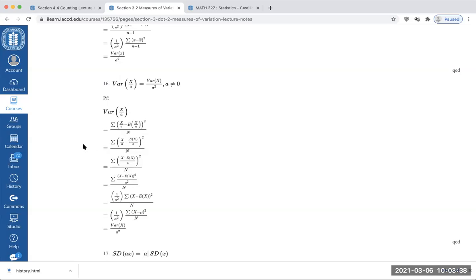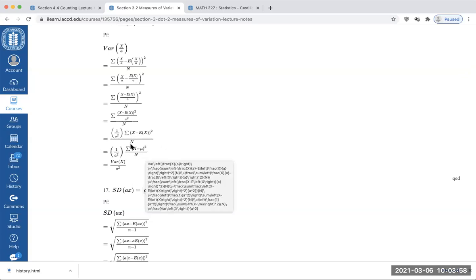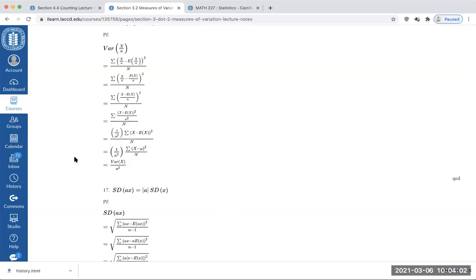Factor out what's in common, a, and since it's squared, factor out an a squared and bring that out in front of your summation. You note that the expected value of x is just mu, and you note that this is just the variance of x. So we have that this is equal to a squared times the variance of x, and that's what you wanted to show.